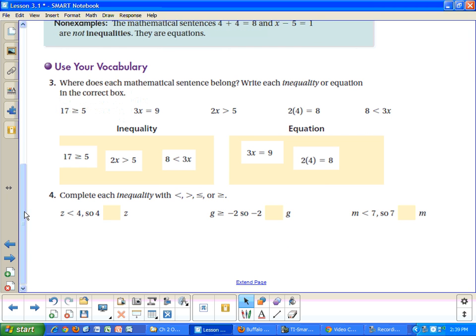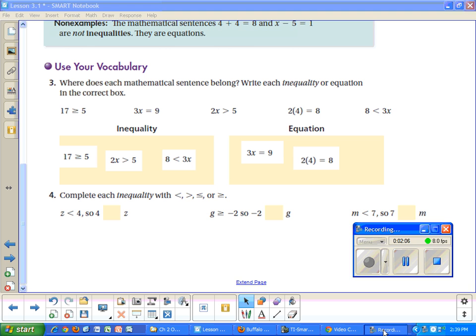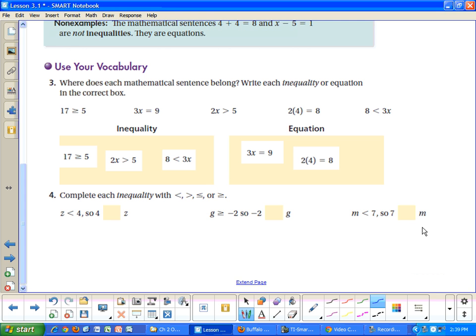If we complete each inequality with less than, greater than, less than or equal to, or greater than or equal to, we get z is less than 4, so that really means all numbers are less than 4, so that means 4 is greater than all numbers.